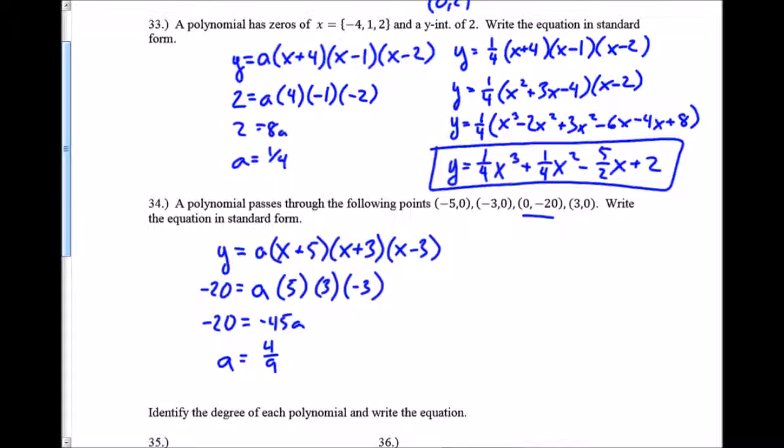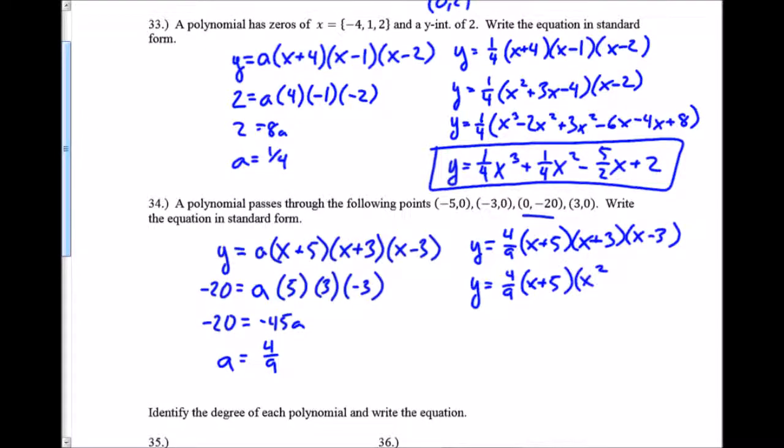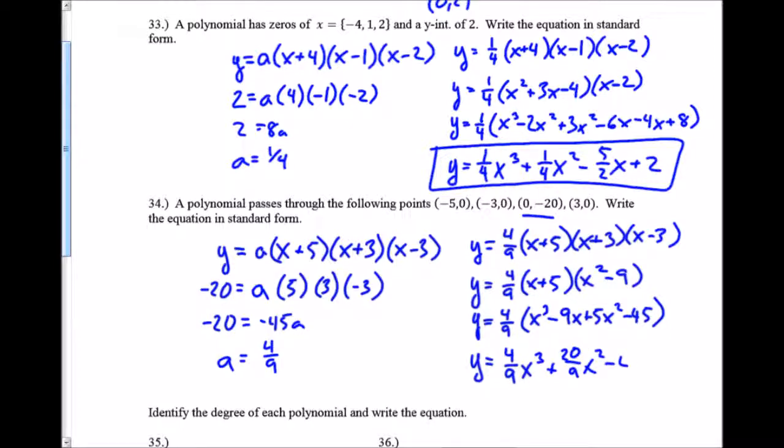So now if I want this in standard form once again, I'm going to plug in what I know, and I just have to multiply this thing out. And that's it.